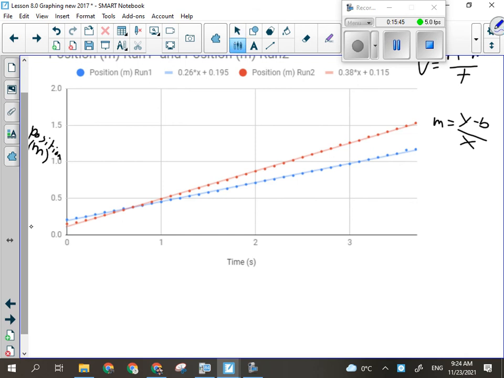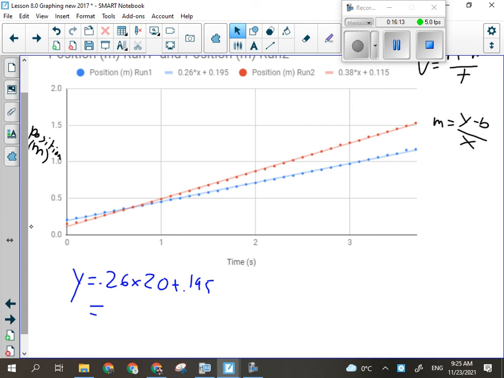Okay, so for the blue one, y will equal 0.26 meters per second times 20 seconds plus the initial position of 0.195 meters. Really what we're doing here is velocity times time, which gives us distance or displacement, plus the initial position, which gives the final position.